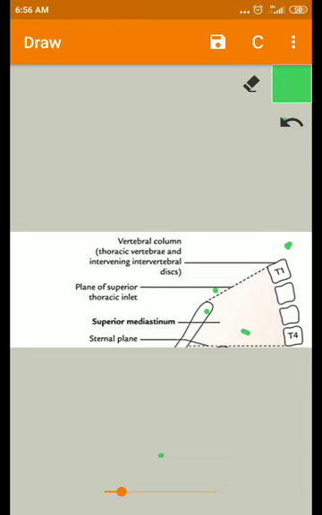One is the esophagus more posteriorly, and then trachea, and then the arch of aorta and its branches, and pulmonary trunk and the upper part of the superior vena cava and its branches, and also some of the muscles which are present anteriorly, the sternohyoid muscles and sternothyroid muscles.